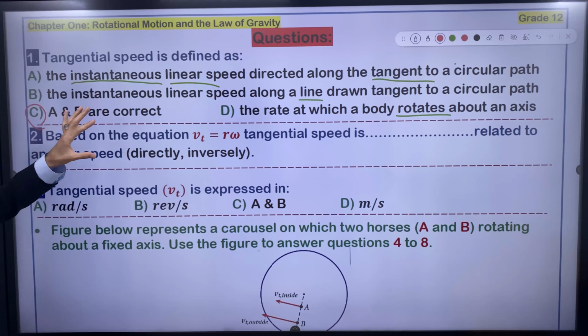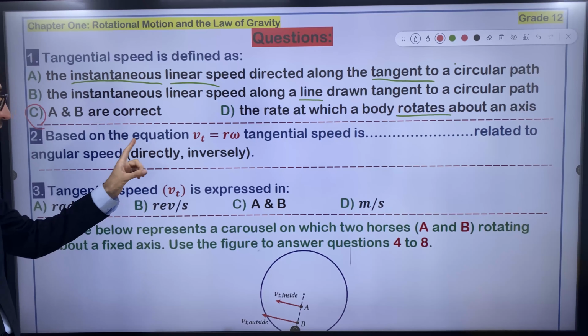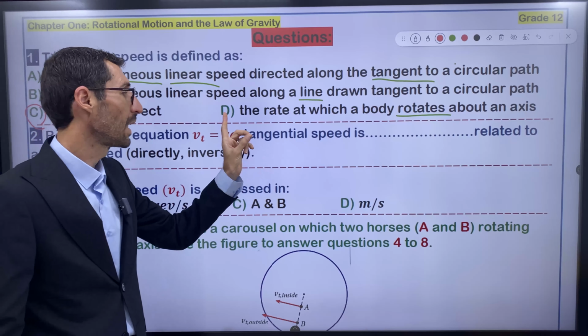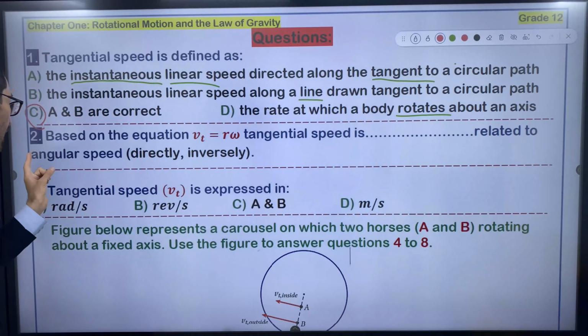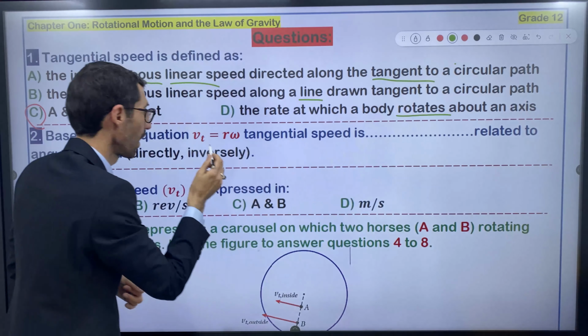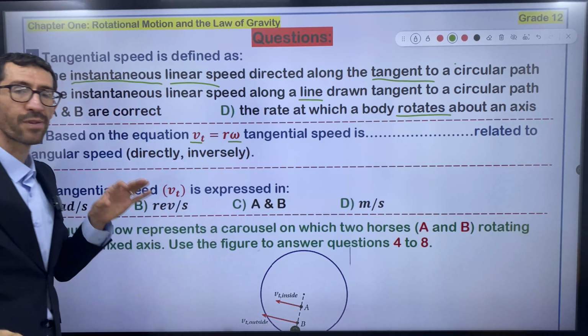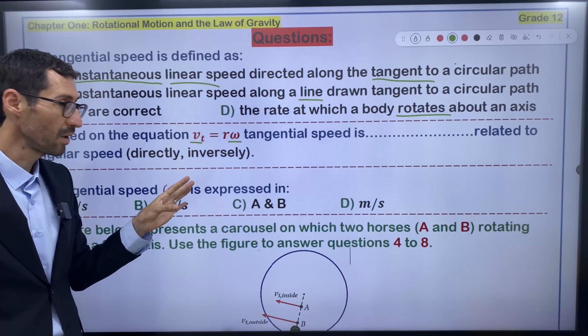Number two, based on the equation Vt is equal to R omega, tangential speed is related to the angular speed. Based on this equation, which type of relationship is there between Vt and omega? There's no fraction here.